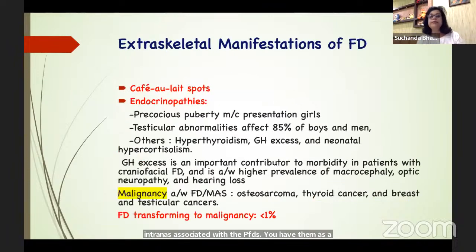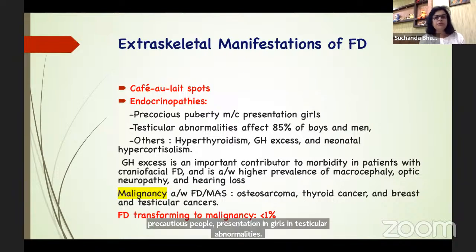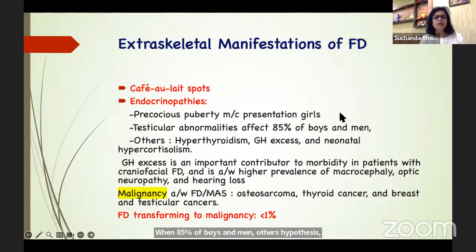So what are the extraskeletal manifestations of fibrous dysplasia? They are usually café-au-lait spots and endocrinopathies, as I have already said: precocious puberty, the most common presentation in girls, and testicular abnormalities in 85% of boys and men. Others are hypothyroidism, growth hormone excess, and neonatal hypercortisolism.